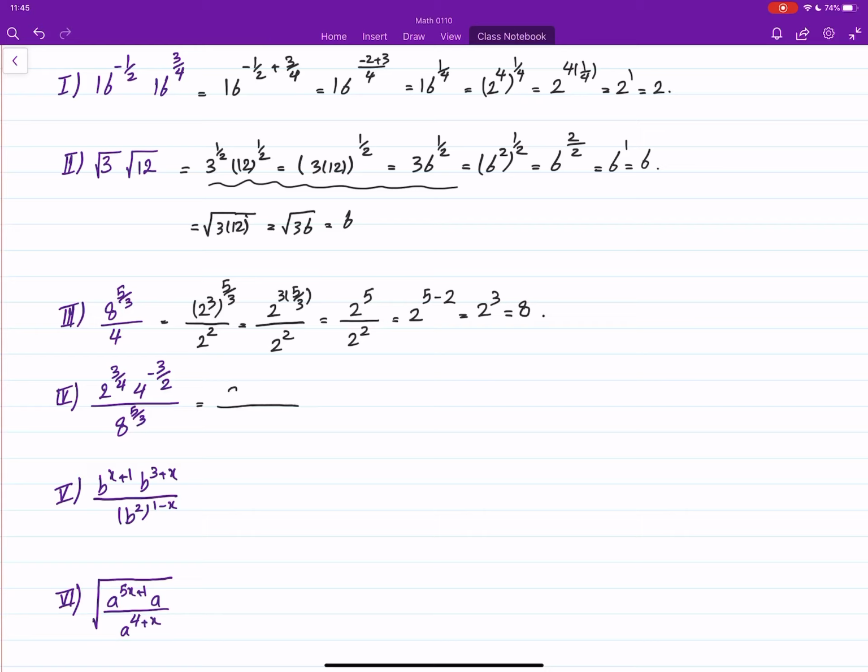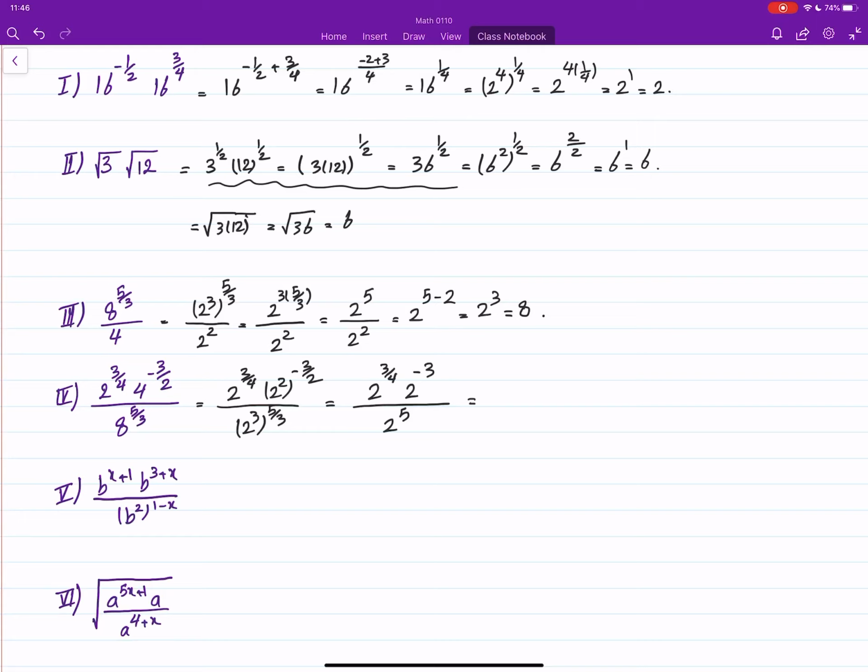Same trick goes here. So first write all the bases such that they have the same base. Okay, then we have 2 to the power 3 over 4, and this is 2 to the power negative 3, and this is 2 to the power 5. Now apply the exponent law.